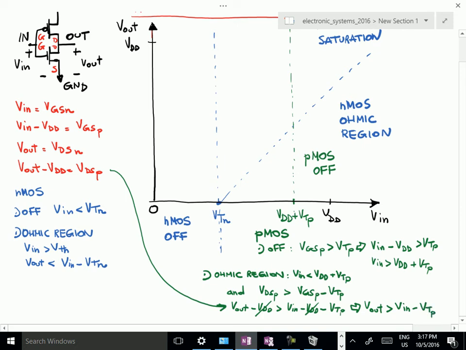Also in this case, this expression takes half a plane, which is delimited by a line that has a slope equal to 1, and that, for example, when Vin is equal to 0, passes through Vout equal to minus VTP. Okay, so for example, this is minus VTP, the line is this one.